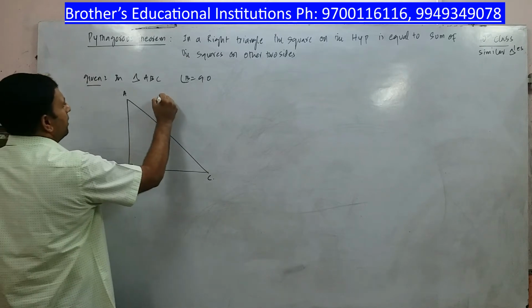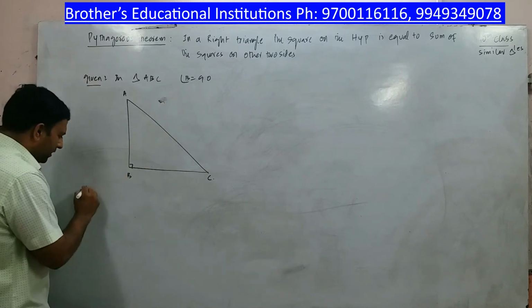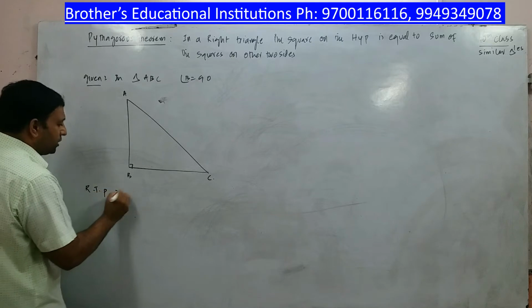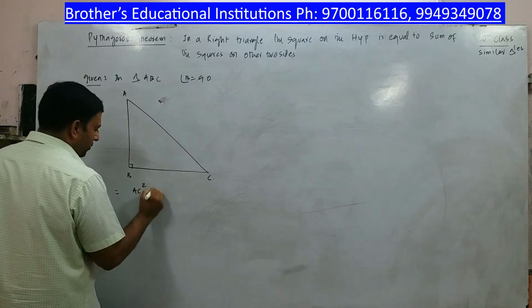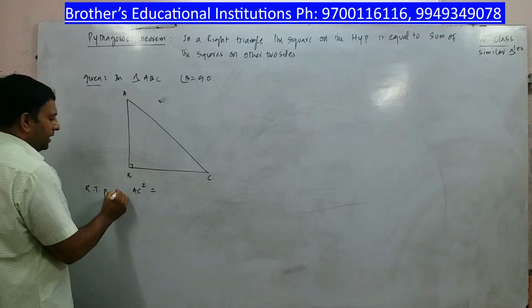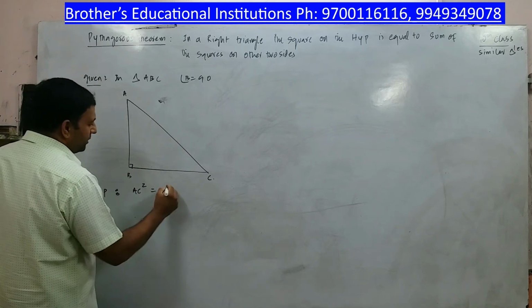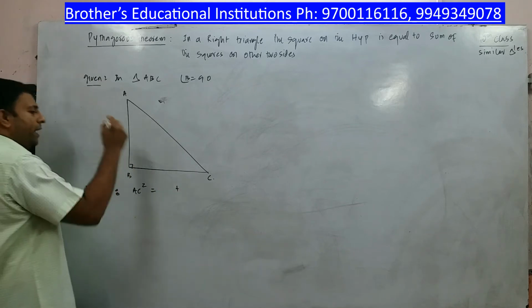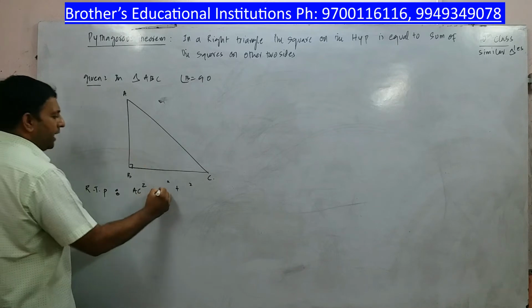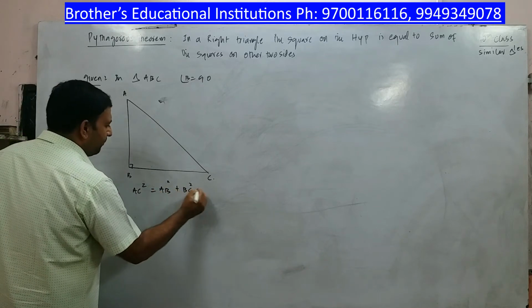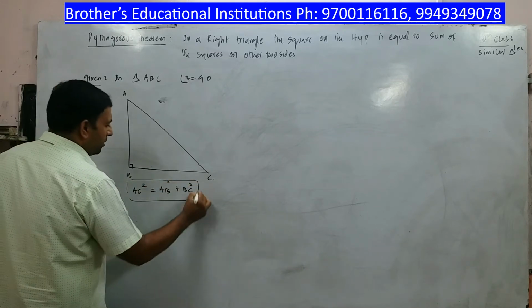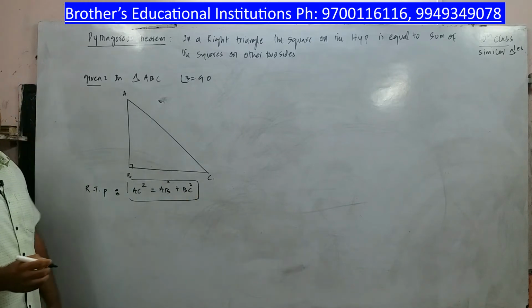Required to prove is the square on the hypotenuse, AC square, is equal to the sum of the squares of the other two sides, AB square plus BC square. So this is what you are supposed to prove, and this is the statement of your Pythagoras theorem.